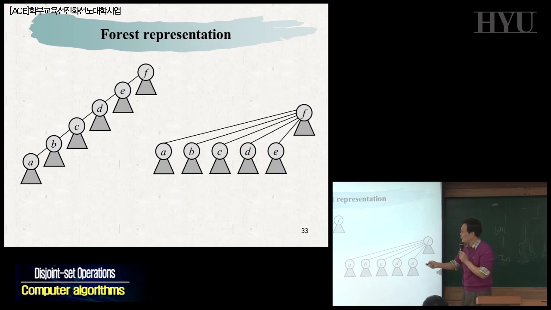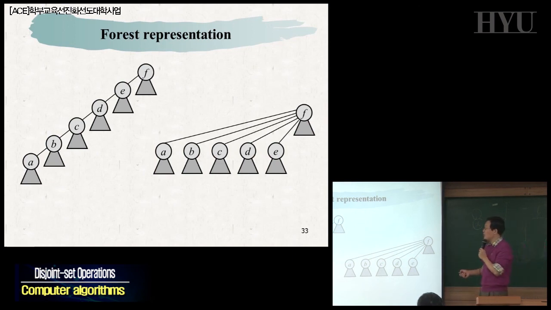Moreover, we change all parents in the path from A to F. Then all find set operations on these nodes take constant time. It's path compression.